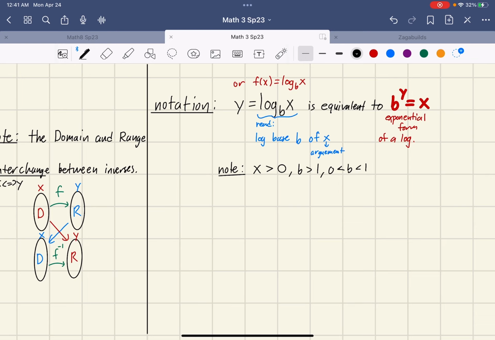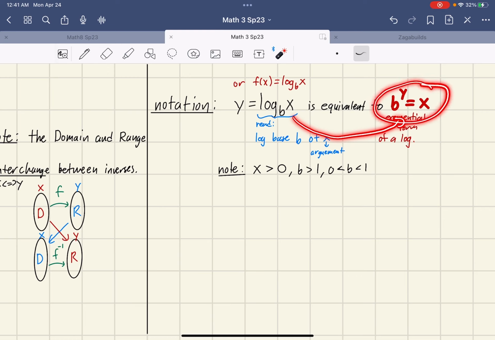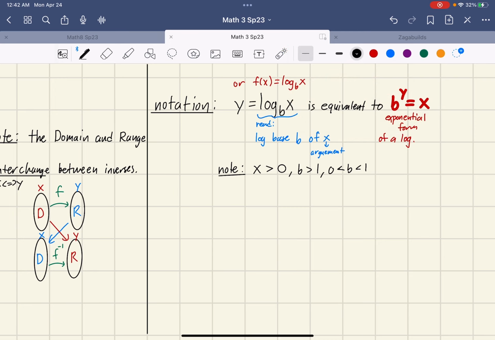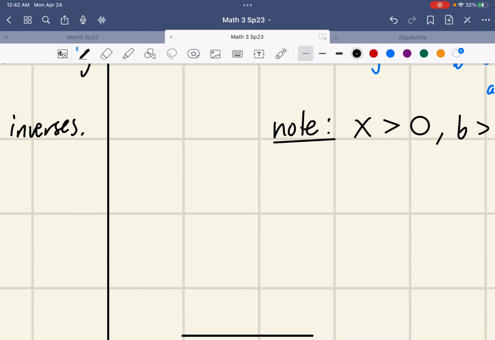Like I said, if you see a number inside of absolute value, you know what to do. Inside of a square root, you know what to do. In a denominator, you know what to do. As an exponent, you know what to do. But here, the fact that we have to rewrite it to process it as an exponential and then put it back into a logarithm is where it can create some confusion. So let's do a couple examples so we can see this. And then we're going to look at a graph.